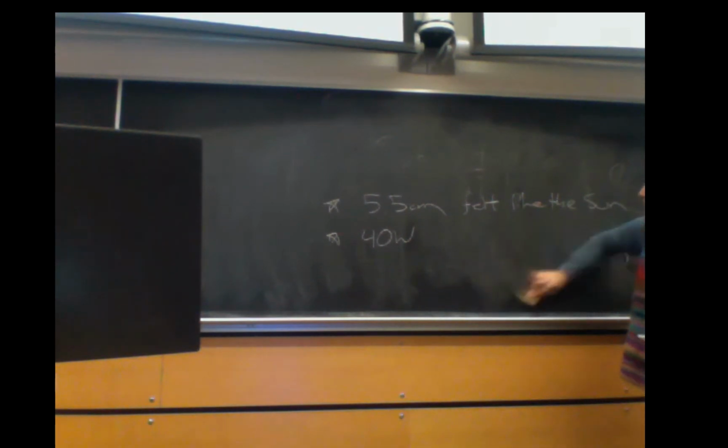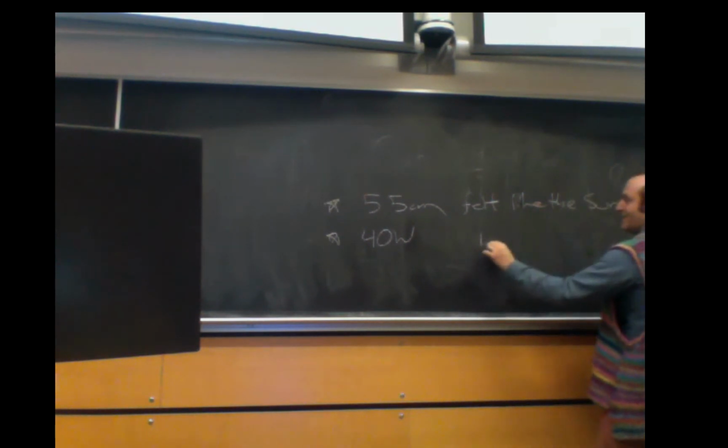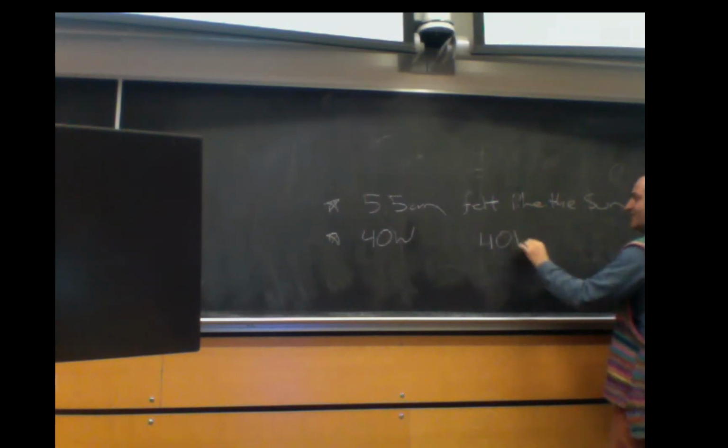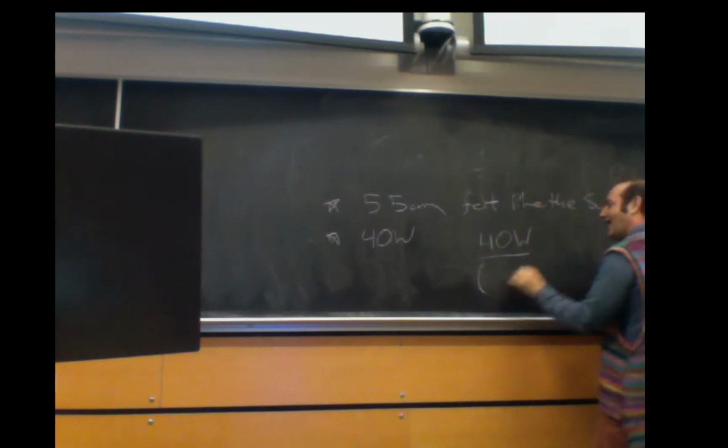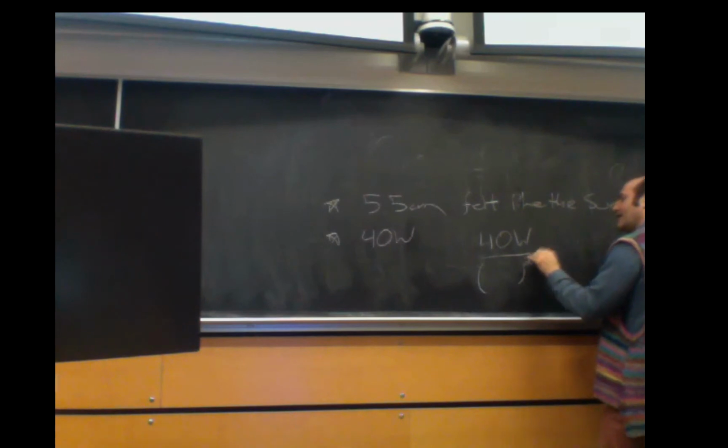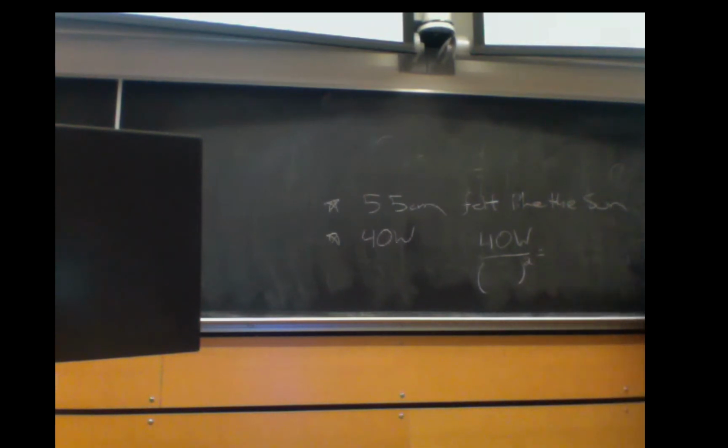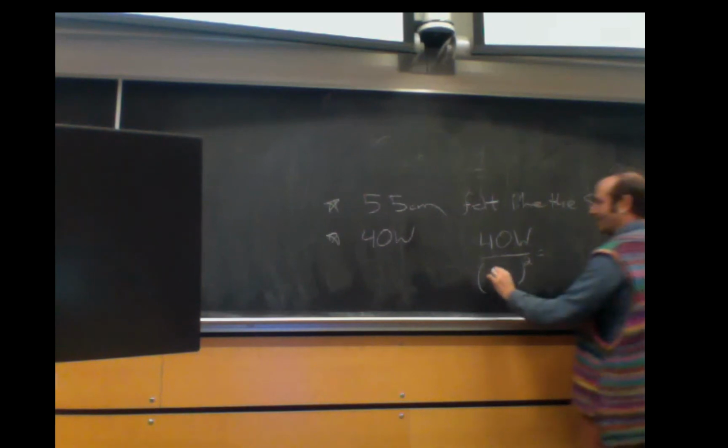The first thing is on this side, that's for our hand, so it's 40 watts. And if you remember, the area over which that power is spread out goes as the distance away from the light bulb squared. So what was the distance? Do you guys remember? 5.5 centimeters.